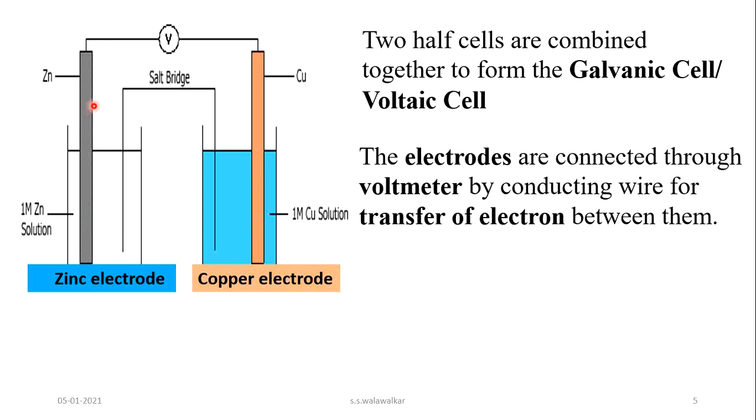These electrons are carried towards the cathode through this electric wire. So the transfer of electron between them takes place by conducting wire, and thus these two electrodes are connected.